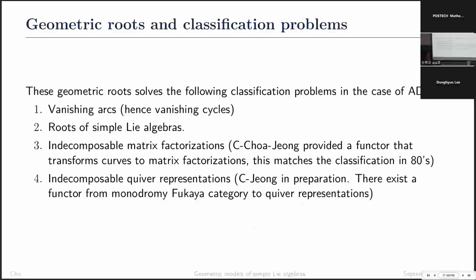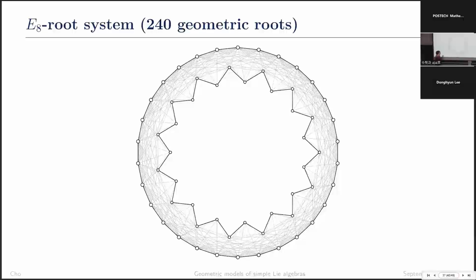And the way I think about them is that recently I defined Floer homology of arcs using this monodromy operation. So here is the symplectic geometry, Floer homology of monodromy.